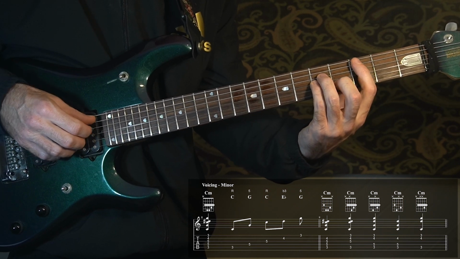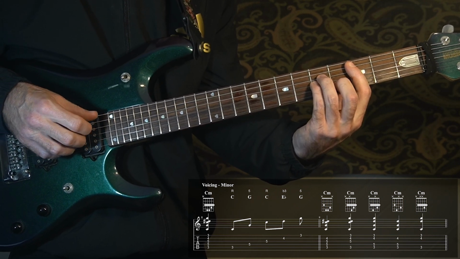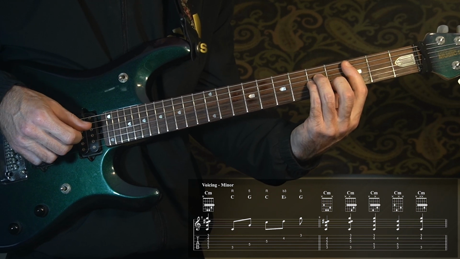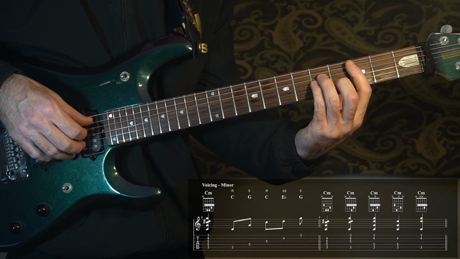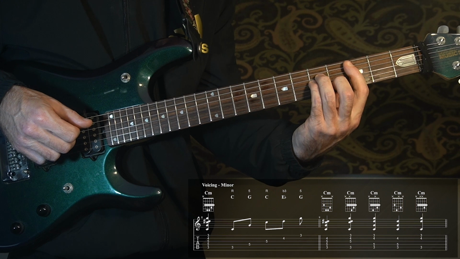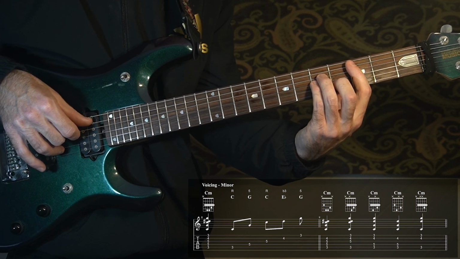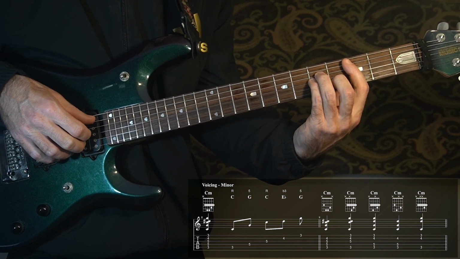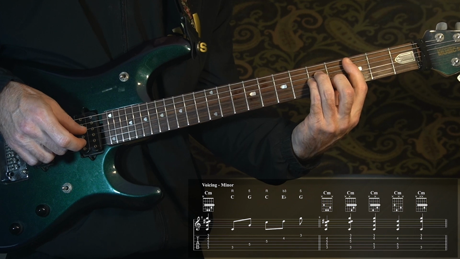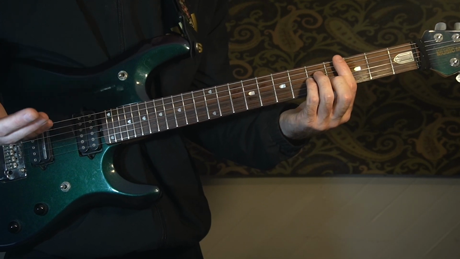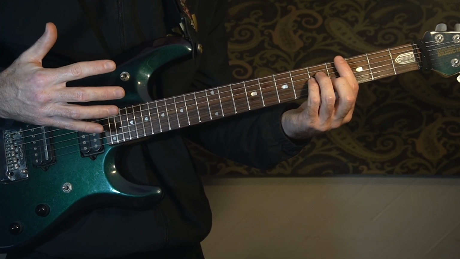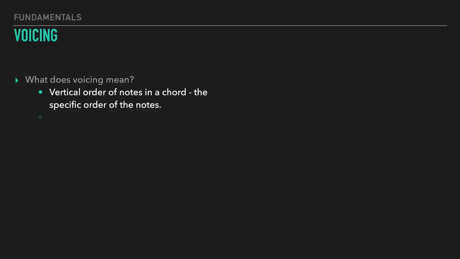I could leave out the E string, the D string. I could skip the G string. Could just grab these 3. Or even this. Again, depending on the situation, I may choose to voice the chord one way or another.